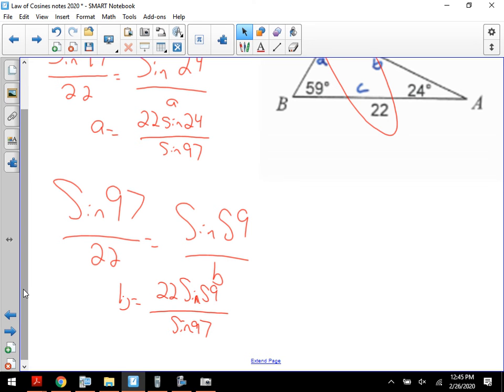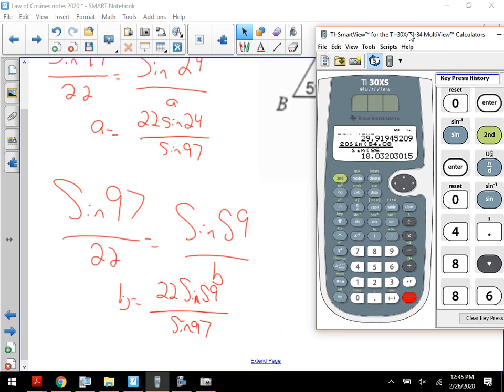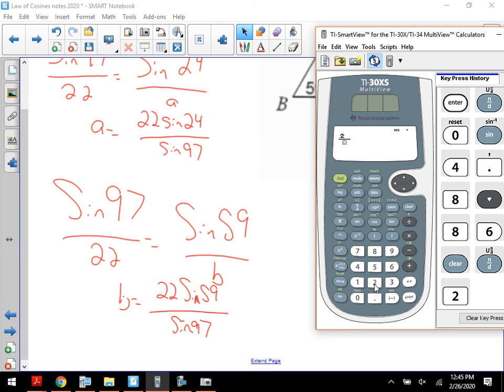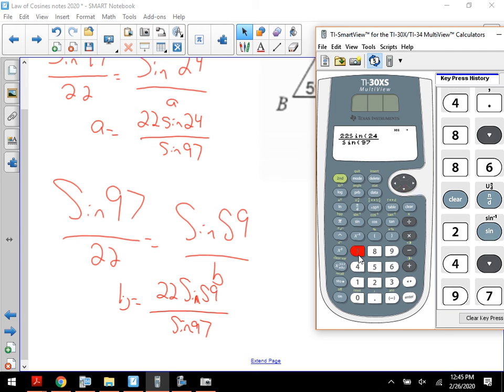If you know that you're finding two sides in this case, there's no harm in writing out what you're going to do first before you press a bunch of buttons. So just go to the calculator, fraction bars. I have 22 sine 24 over sine 97.